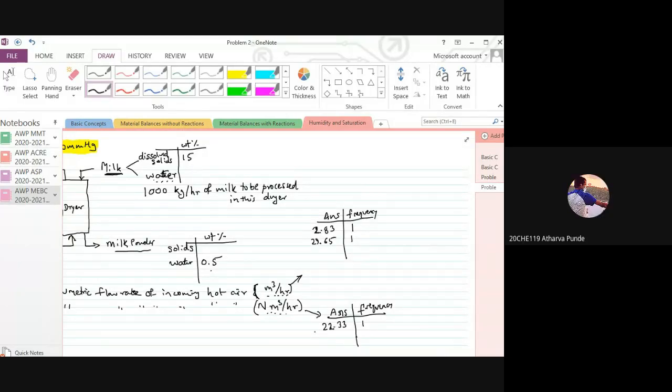So for standard, sir, n meter cube is 1.82. Atharva, check your calculations. Something is wrong. Okay, sir. Perhaps gram mole and kilomole. Or maybe you calculated per kg or something like that.